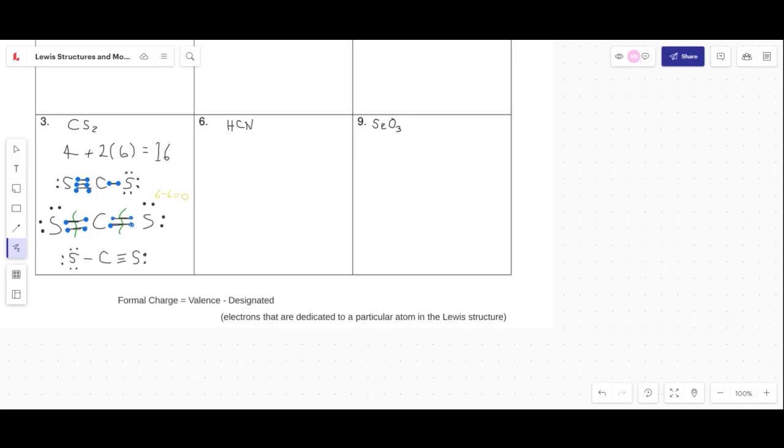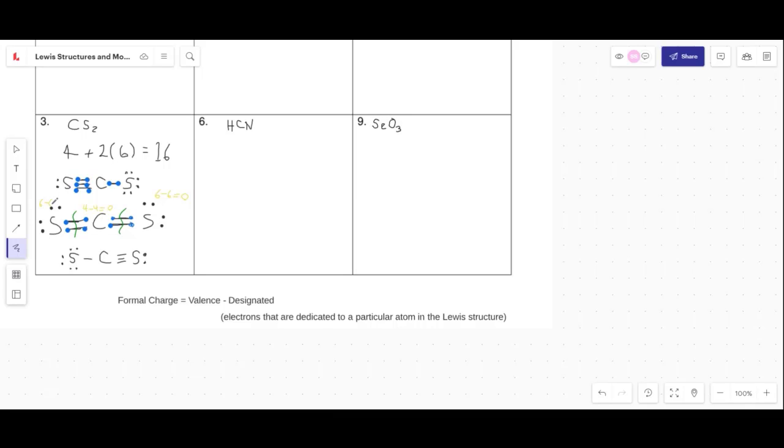Yeah, 4. So for carbon, valence electrons 4 minus dedicated electrons 4. It's going to have a formal charge of 0. And then if you look at the sulfur on the other side, sulfur normally has 6 valence electrons. How many valence electrons does it have dedicated to it in this Lewis structure? 6. So 6 minus 6 is going to be 0.